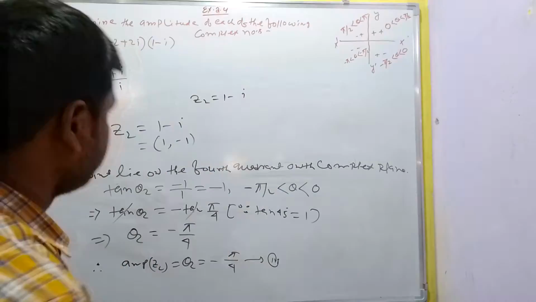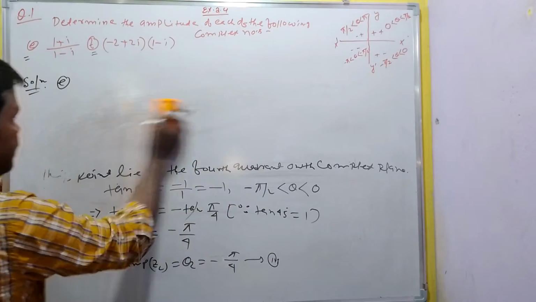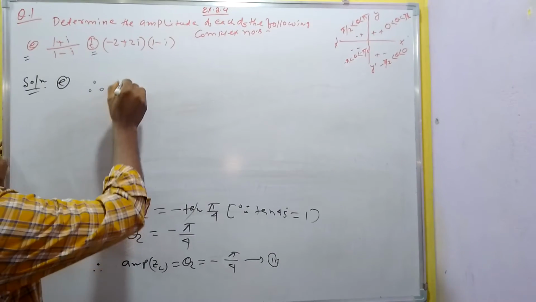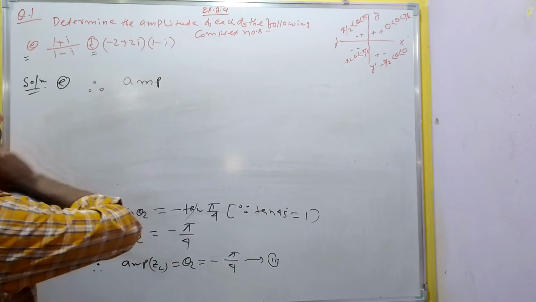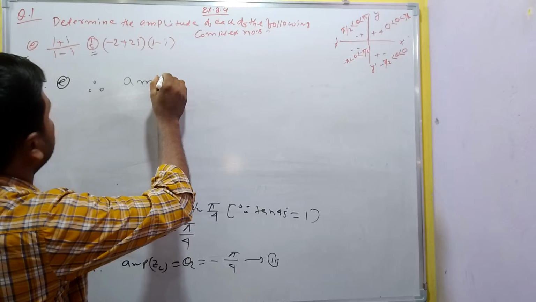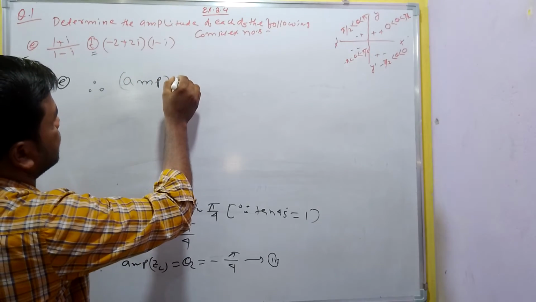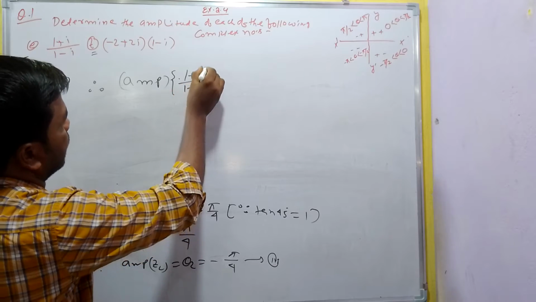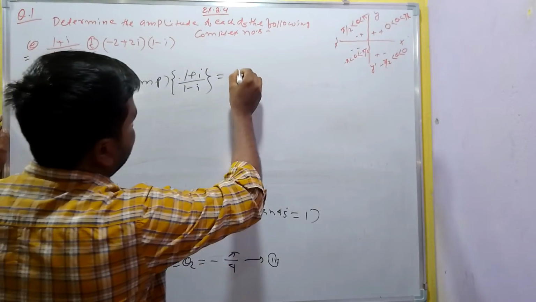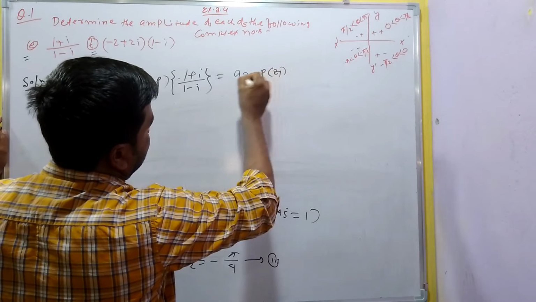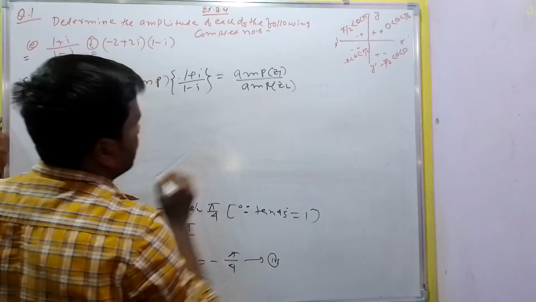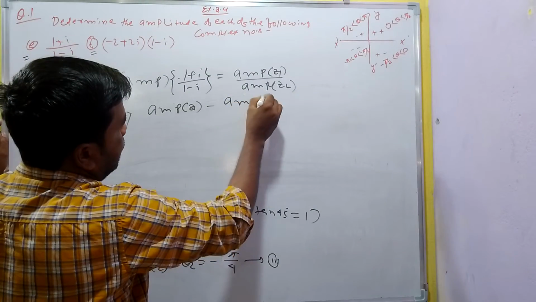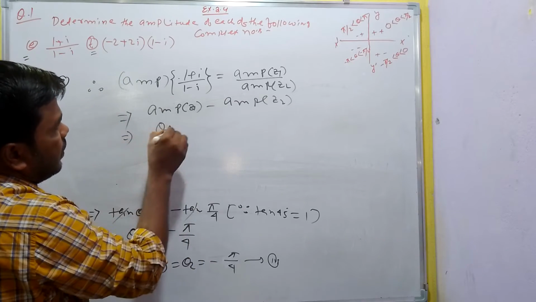Therefore, amplitude of (1 plus i) by (1 minus i) equals amplitude Z1 by Z2, so you can write amplitude Z1 minus amplitude Z2, that means theta 1 minus theta 2.